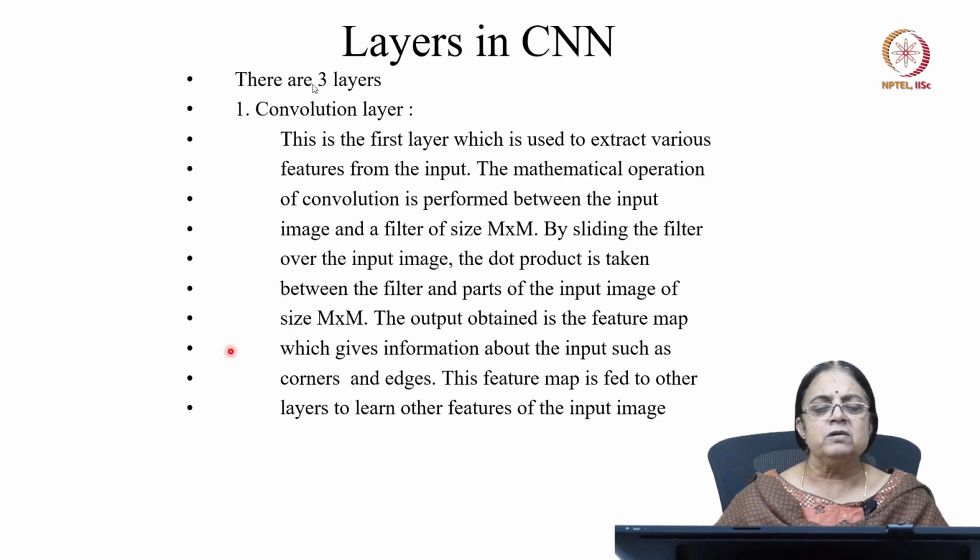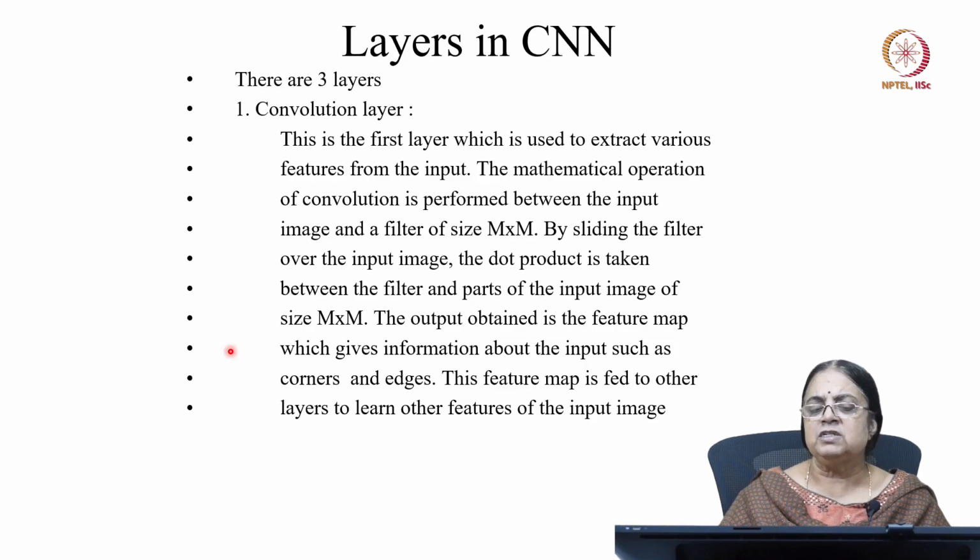So let us look at the layers that you have. First of all, we have the convolution layer. This is the first layer, which is used to extract various features from the input. You have a filter of size m by m, and you are superimposing this filter on the input layer.